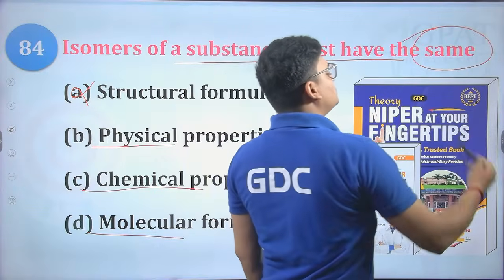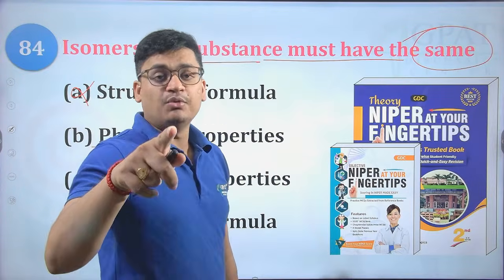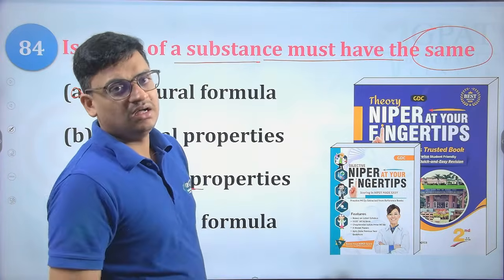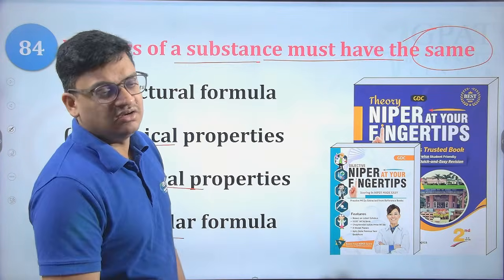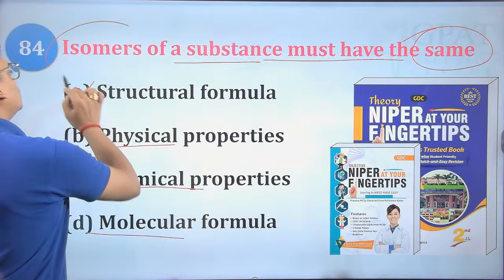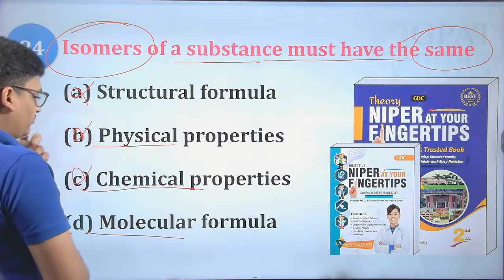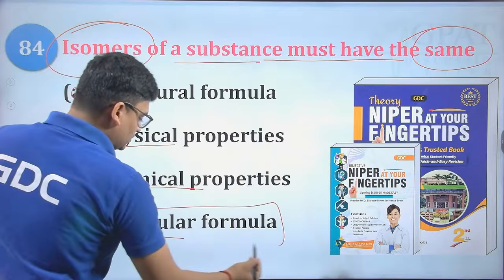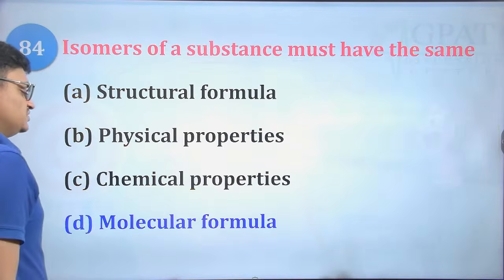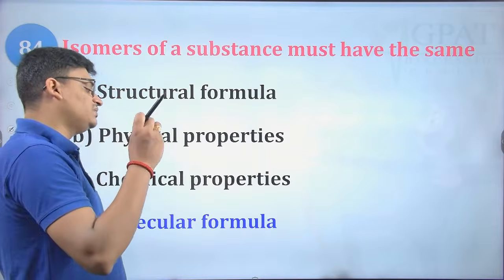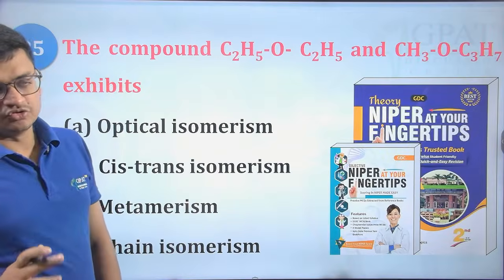Isomers are compounds that have the same molecular formula but differ in chemical nature, physical nature, or structural formula. These are called isomers. So those can be different, but the molecular formula has to be the same. The molecular formula always remains the same for isomers.